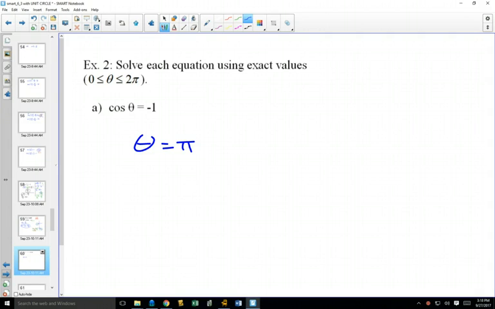Nice. It's a lot shorter than what would have happened last year. You would have done cos inverse of 1 to get your reference angle. Your reference angle would have been 0 degrees. It would have thrown you off, and you would have been a little bit scared. But cos is negative. Where is cos negative? Quadrant 2 and quadrant 3.